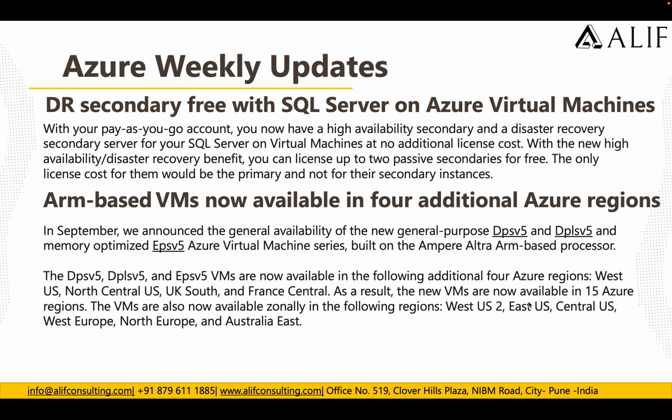Now all of these new VM series are replicated to more regions, and those regions are West US, North Central US, UK South, and France Central, right? As a result, these new VMs are now available in 15 Azure regions.